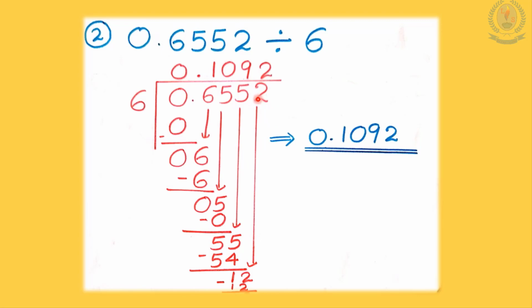Then take that 5 down. Then 55 is there. Then 6 times 9 equals 54. Then 55 minus 54, 1. Then we have to take the 2 down. Then 12. 6 times 2 equals 12. Then the remainder is 0. Right, then the answer is 0.1092.